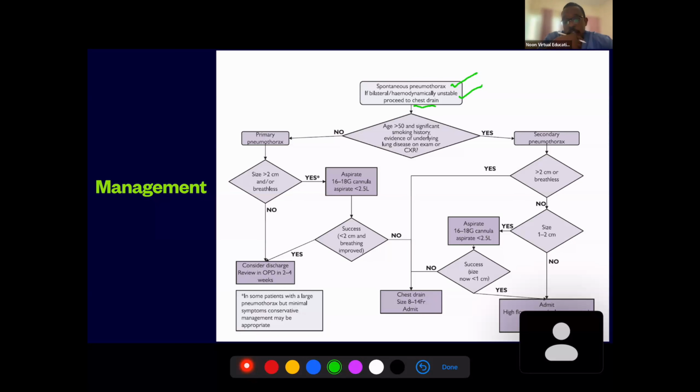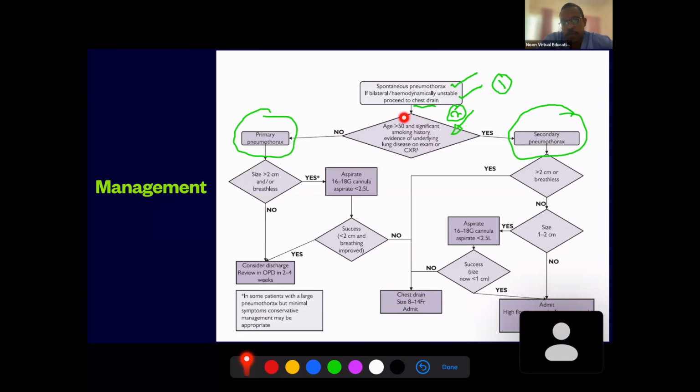This is the first thing. This is the second: you need to differentiate from the history, you need to evaluate the patient, to know where you will go. You will go here as primary pneumothorax, or you will go here as secondary pneumothorax. So it is very important to know.